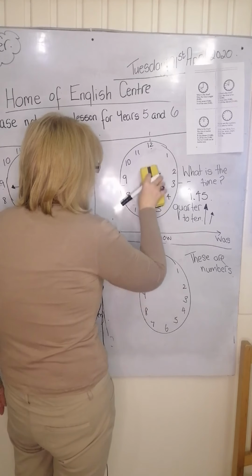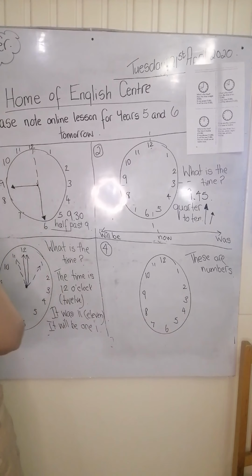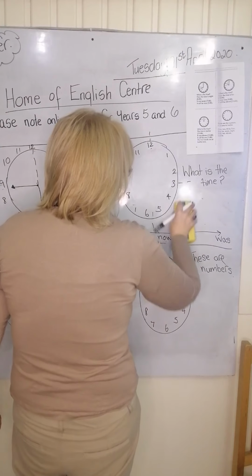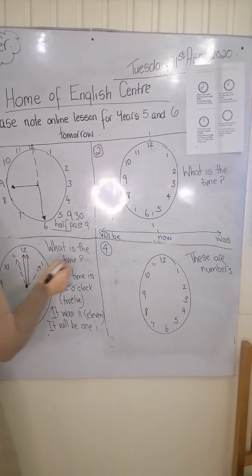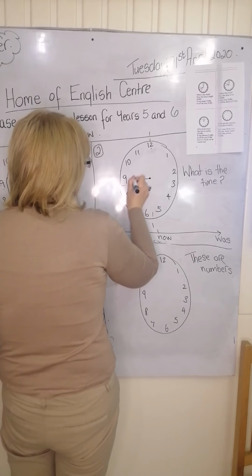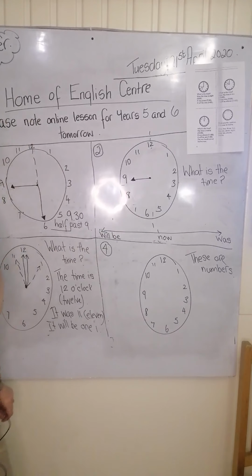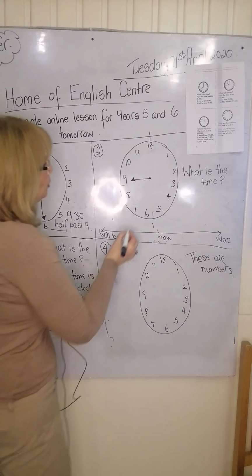Let's take the hands out. We've still got our clock. So let's stay with 9. We've got one hand pointing to the 9. So we know the 9 is important.